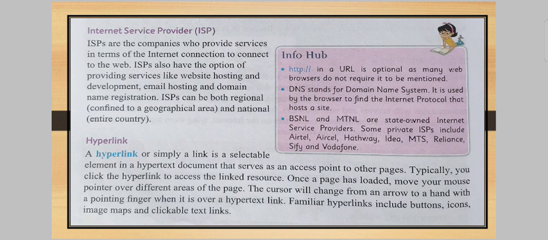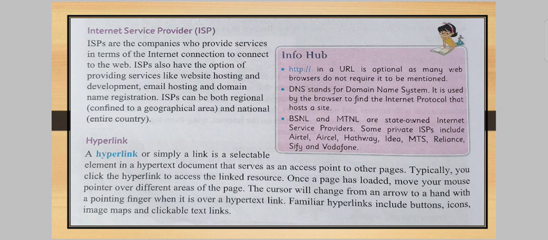Mainly, ISPs are BSNL, Vodafone, Jio. These are called ISP service providers. BSNL and MTNL are stand-alone internet service providers. Some private ISPs include Airtel, Aircel, Hathway, Idea, MTS, Reliance, and Vodafone. These are examples of ISP providers.